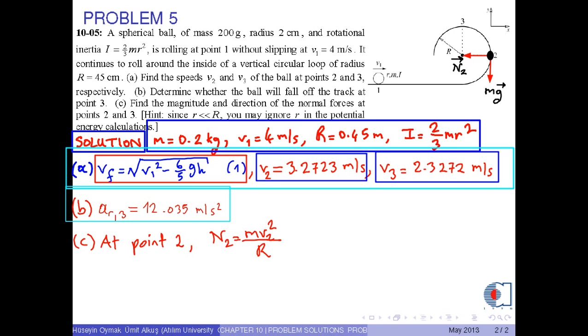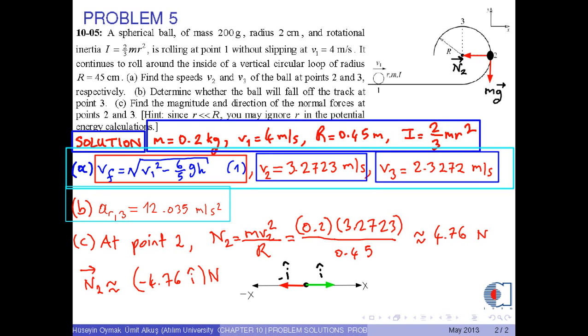If we put the corresponding numerical values into this equation, we get N2 approximately 4.76 newtons, and vector N2 is equal to minus 4.76 i hat newtons, since it is in the negative x direction.